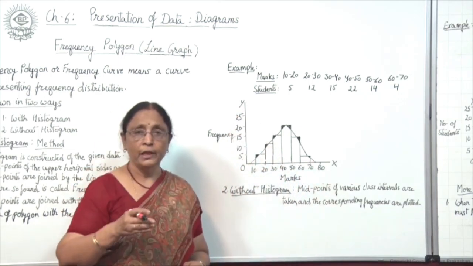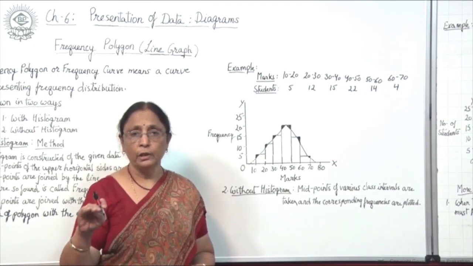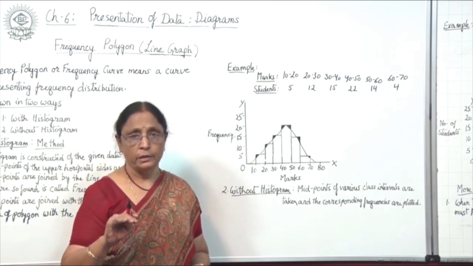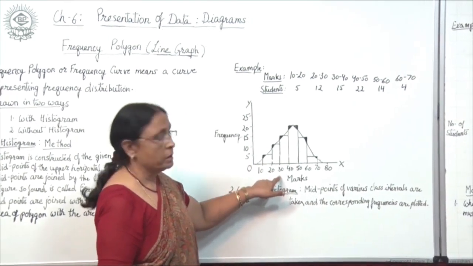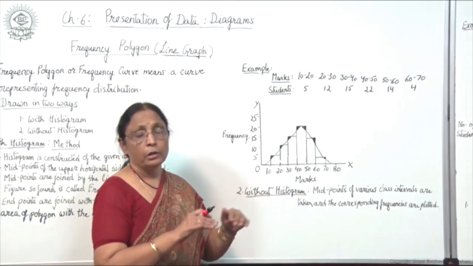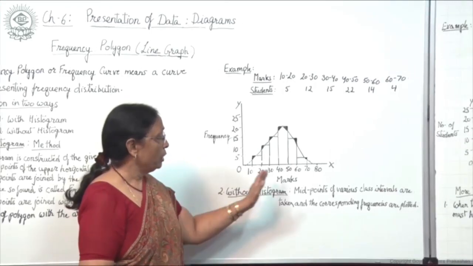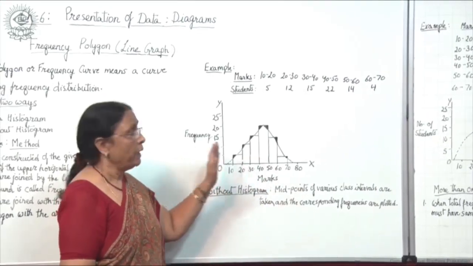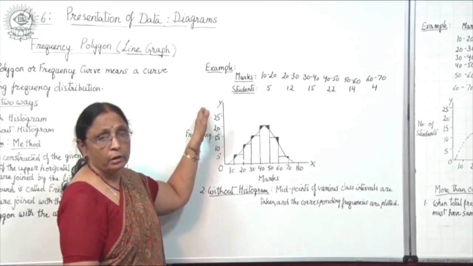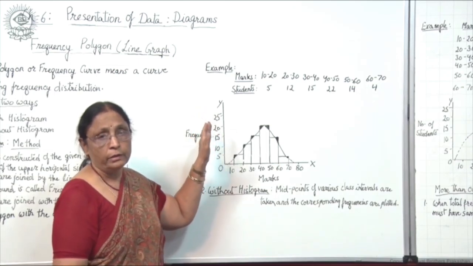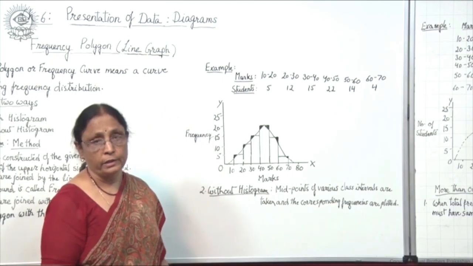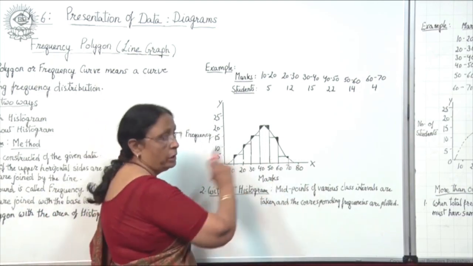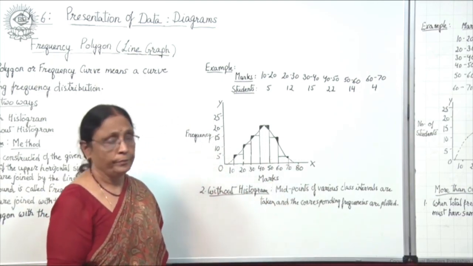OY will be the vertical axis, OX will be the horizontal axis, and always take the marks or the independent variable on the horizontal axis and the dependent variable on the vertical axis. This means always take the frequency on the vertical axis and class interval on the horizontal axis.